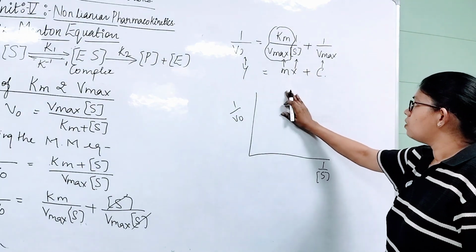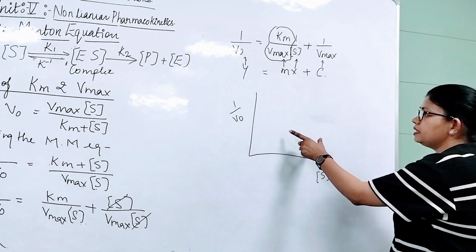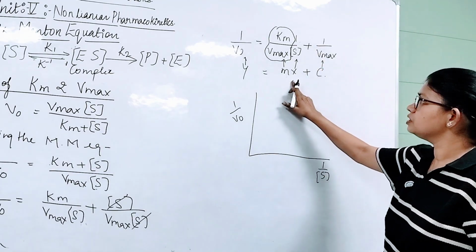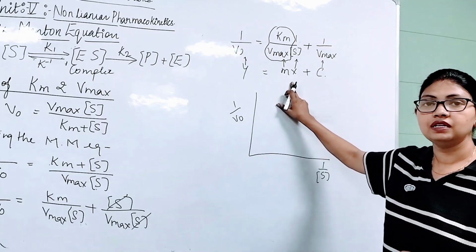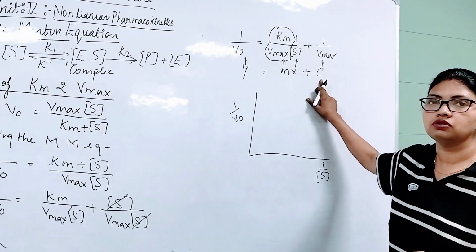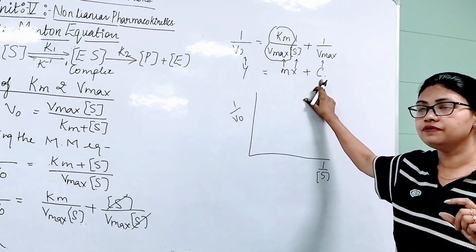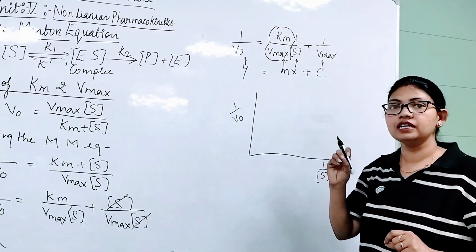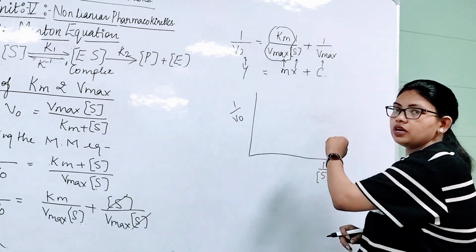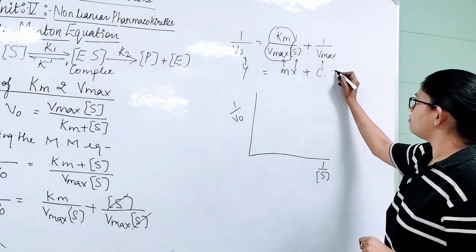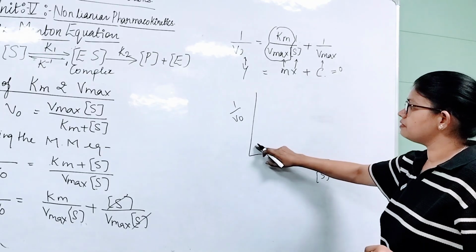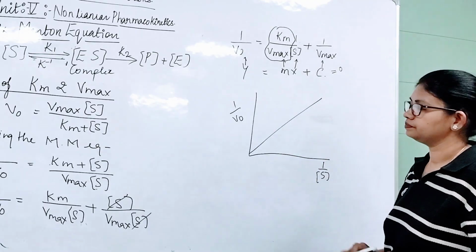So now we will obtain the straight line, because this equation is equal to the straight line equation, but here we also have the intercept. So the line will cut on the y-axis. It will not pass through the origin. When the value of c is 0, then the equation will be like this.